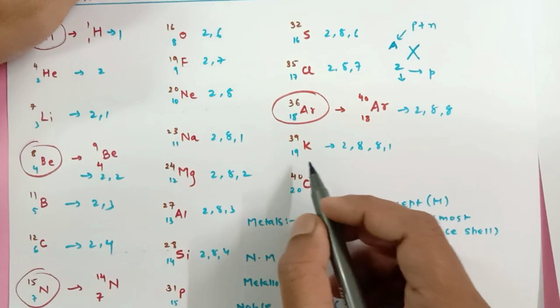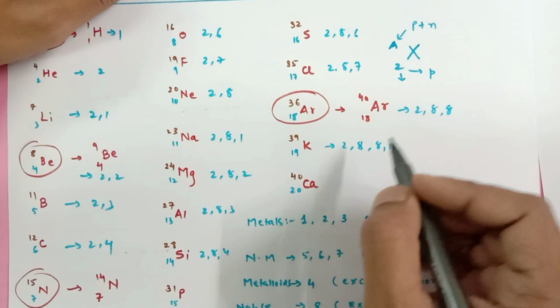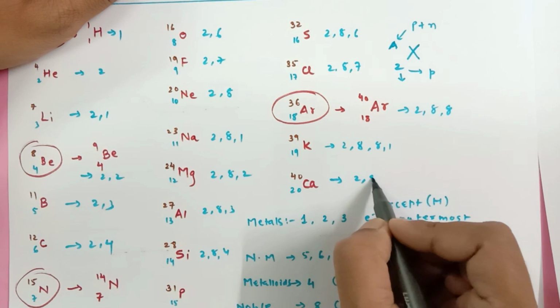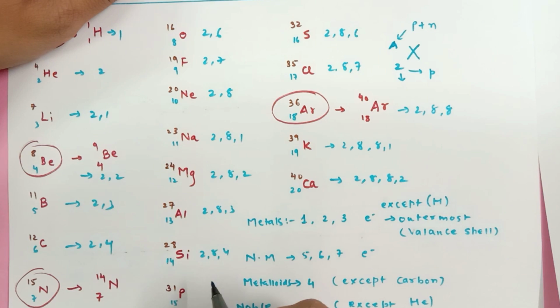It altogether requires a new video for why it is not 2,8,9. Then it is 2,8,8,2.